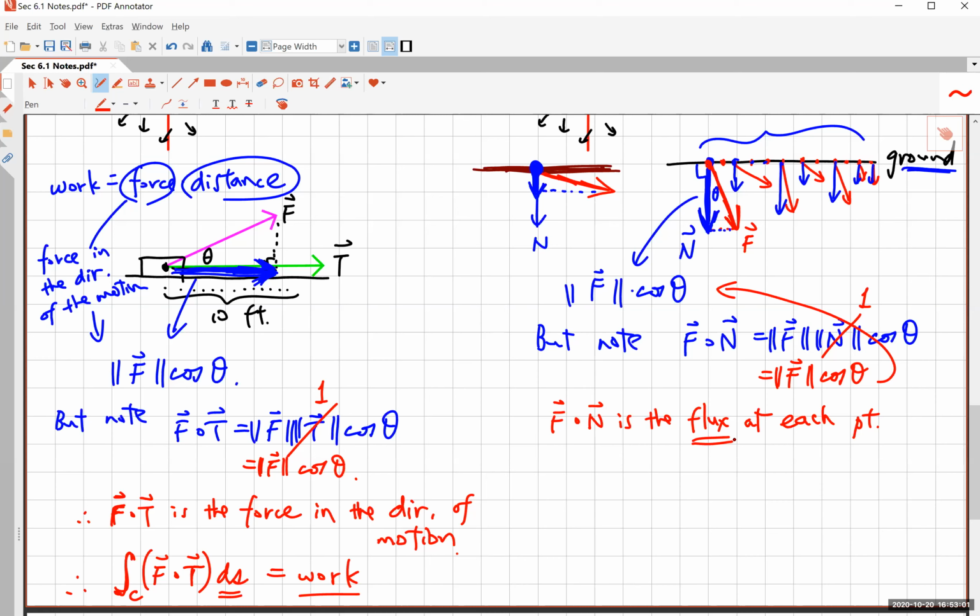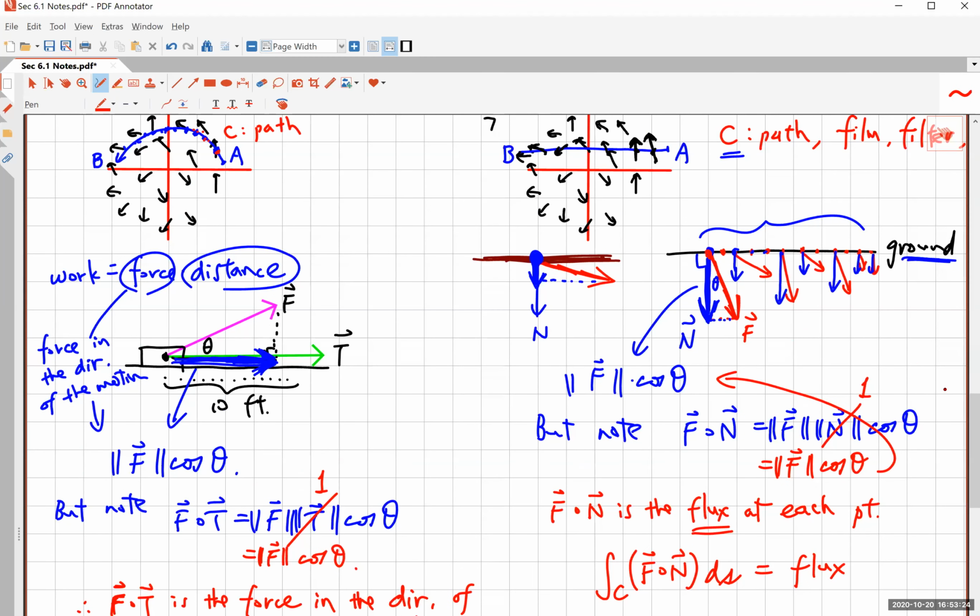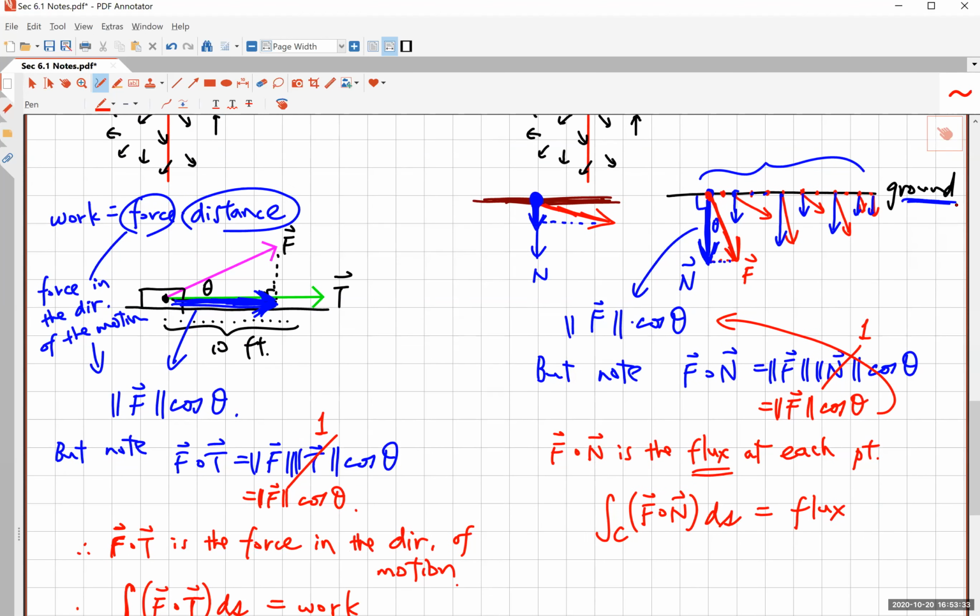So if you integrate F dot N, which is the flux or the flow at every single point of this curve C, and if you integrate it along C, this will give you the total amount of penetration, which is called the flux of this fluid or whatever this is across the path from A to B, which is called C. All right, so I hope this is clear.